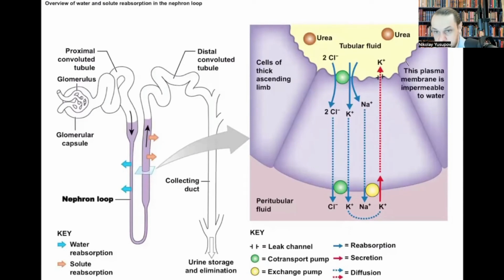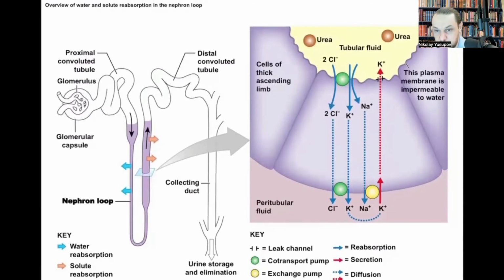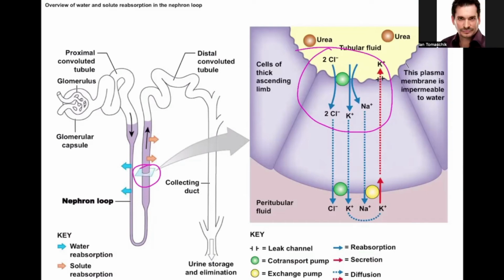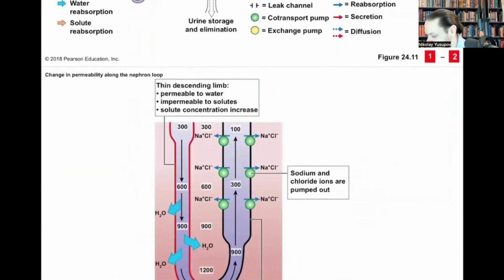So you guys should know the sodium, potassium, 2-chloride transporter, especially the location of it and which drug works on it. Furosemide. So remember, furosemide is the drug that's working there, and the channels.